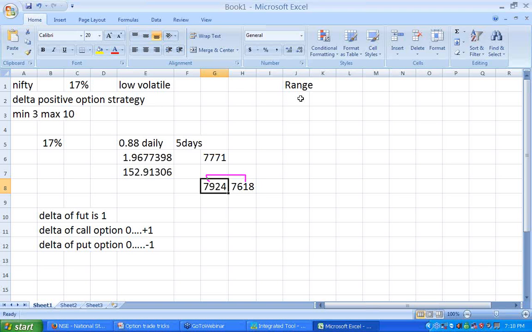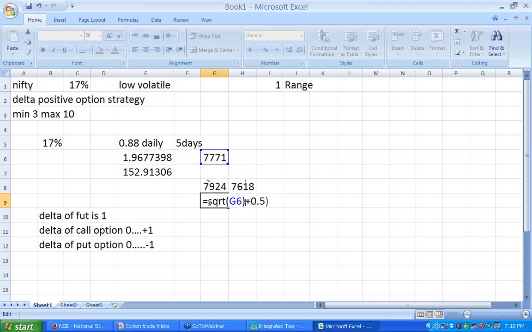With this anticipation, I can form a strategy for a range bound market expecting these two price points will never come. Or I can take the GAN 90-degree resistance and support: take the square root of this number, added with the 90-degree factor of 0.5.